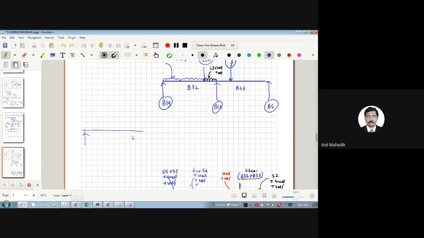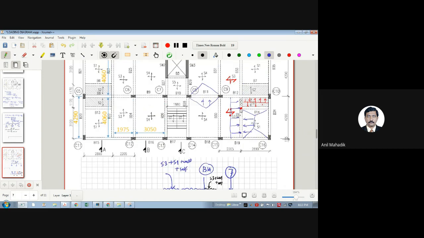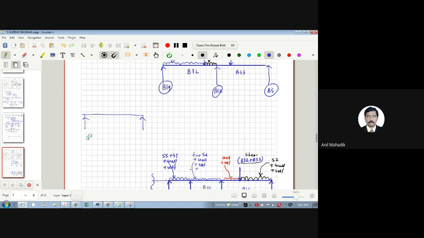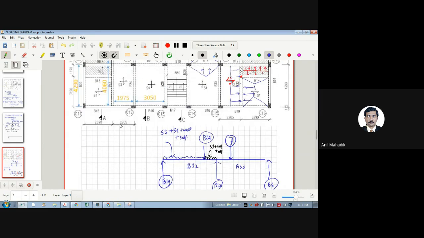So B14 कहाँ support हो रहा है? So B14 is supporting on B32 on the left side and B34 on the right side. And what are the loads on B14? So कौन से load है?